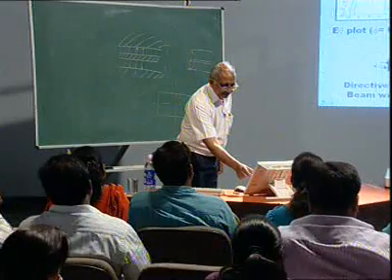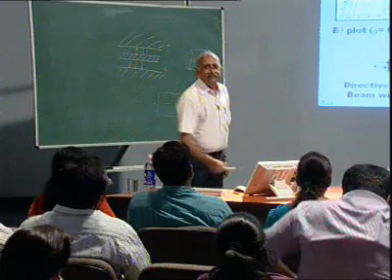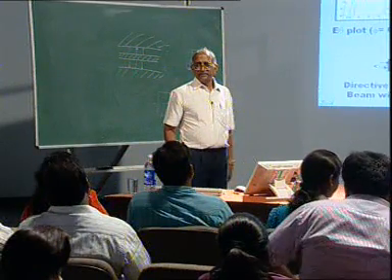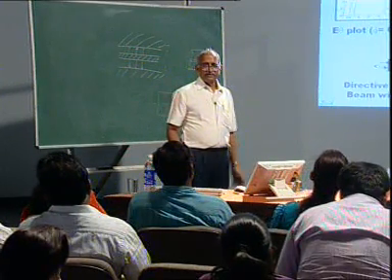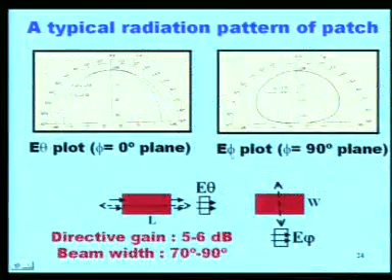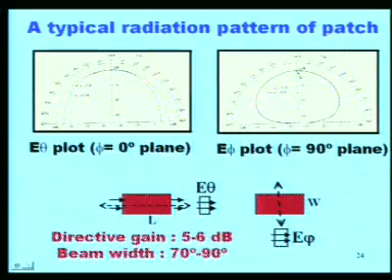And in the phi is equal to 90-degree plane, that is the YZ plane, the E phi component plot will come out like this: at 0 degree it is 0 dB, at 90 degree it is almost no radiation.